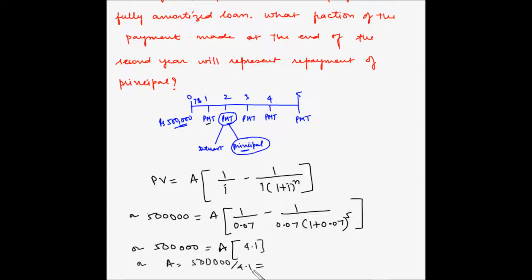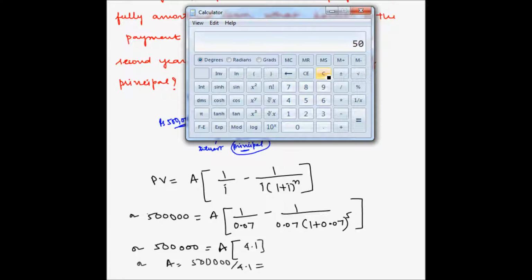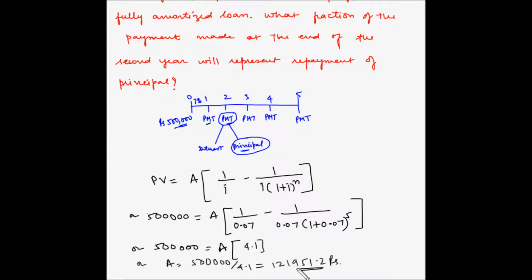Let's find this value. The answer is 121951.2 rupees. So basically this is the annual installment that your company has to pay in order to repay the loan.